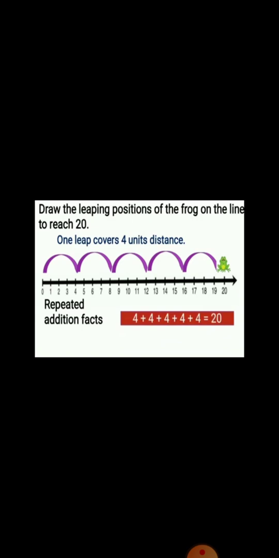So that is 4 when repeatedly added 5 times it gives 20, which can be expressed as 4 plus 4 plus 4 plus 4 plus 4 is equal to 20. That is 5 times 4 is equal to 20.